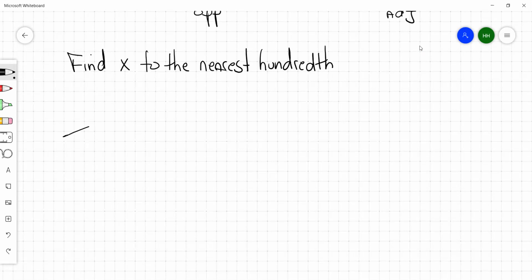Here's our triangle. It's a right triangle, and we have a 25-degree angle. We got a leg that's 18, and we got a leg that's x units long.